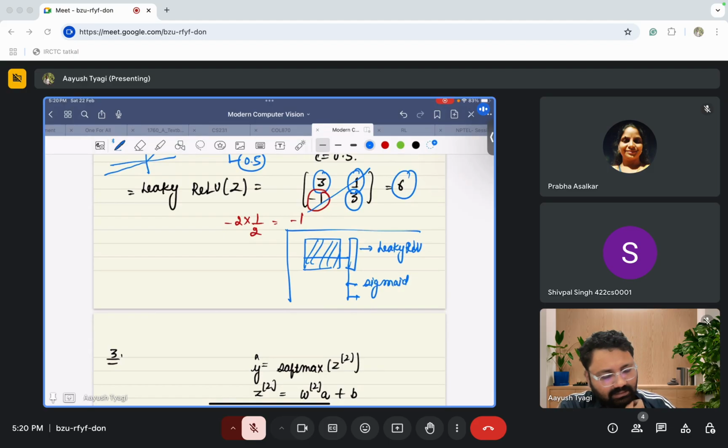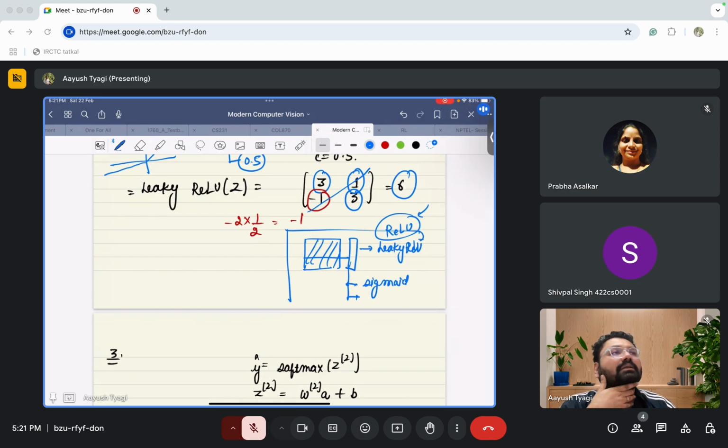So leaky ReLU is very common. ReLU you can actually try. Whenever I build any network, I start with ReLU. If you see that the model is not training, then you can switch to leaky ReLU.